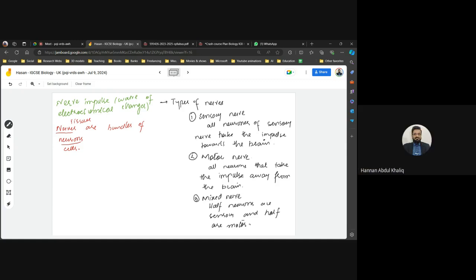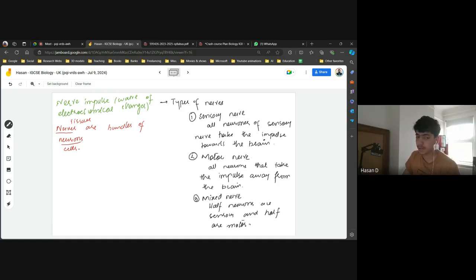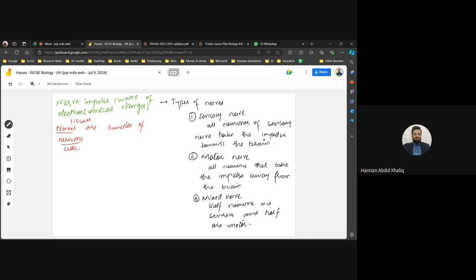Like, simplify it. Why are we calling this nerve a mixed nerve? Because it's a mix of both sensory and motor. Yes, or in more simple words, it is taking the impulse in both directions, because we only have two possibilities: towards the brain, or away from the brain. If one nerve is doing both, we say it is a mixed nerve.